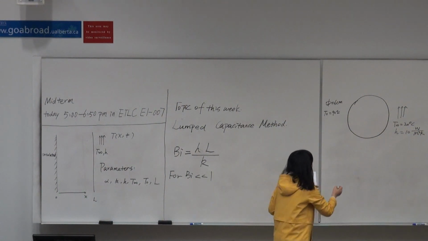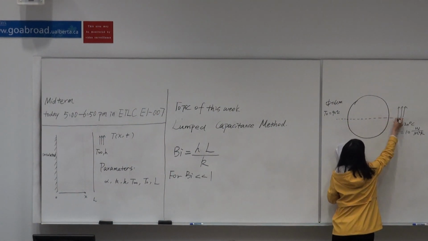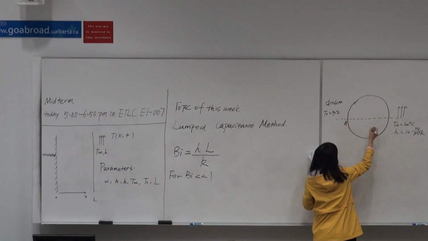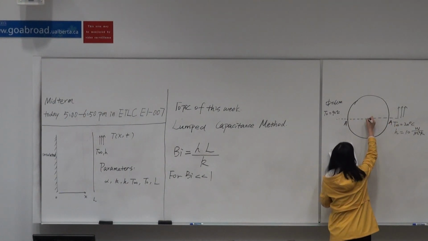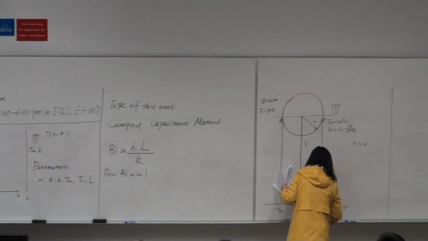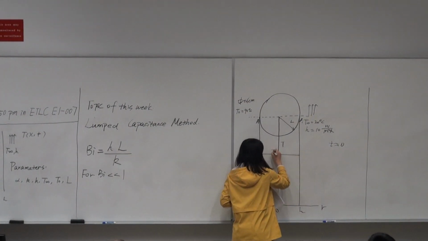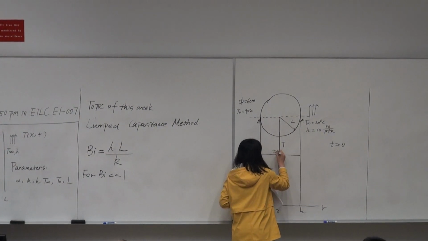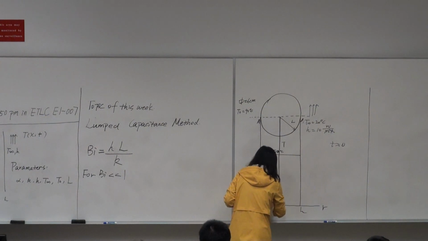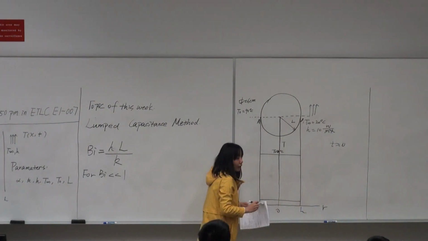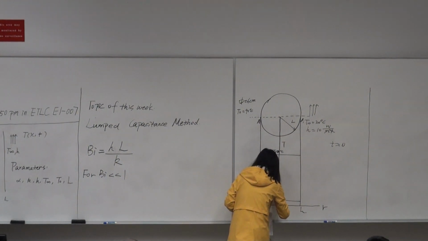If we would like to study the temperature profile along this line across the center of the sphere, we mark our initial temperature, T naught equals 90 degrees, and the temperature of the cooler fluid, which is 20 degrees.